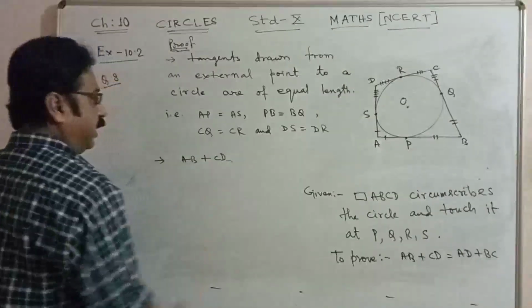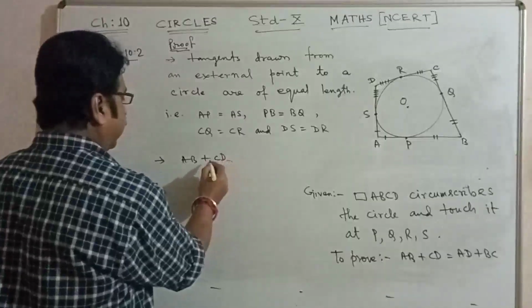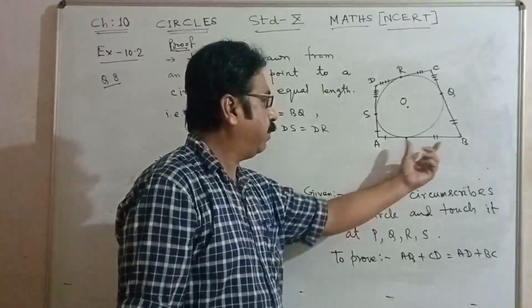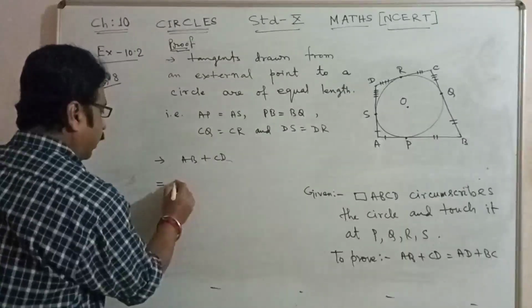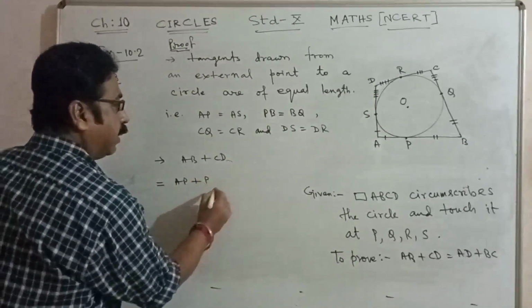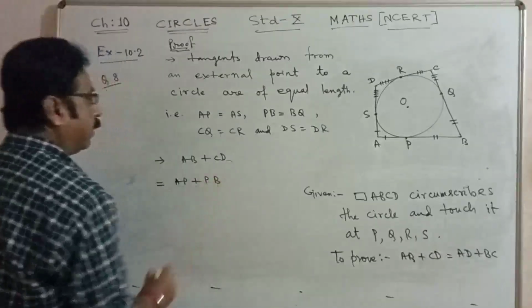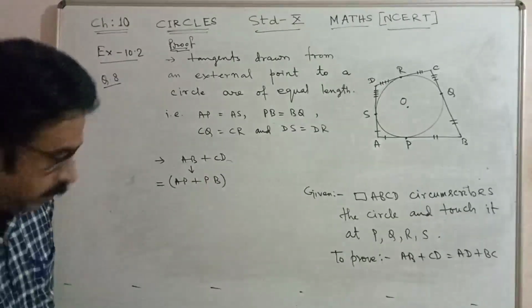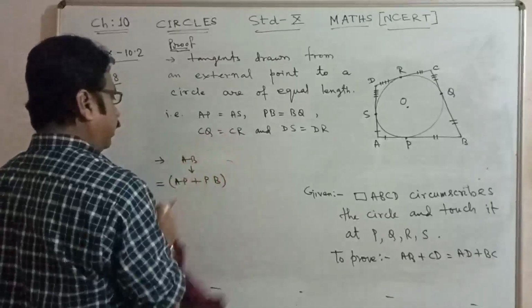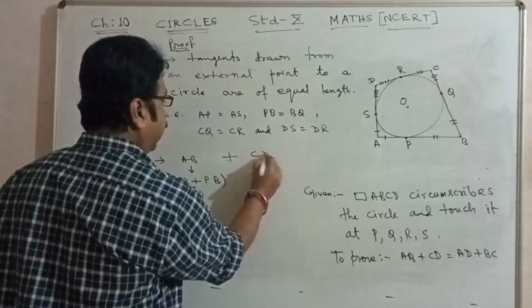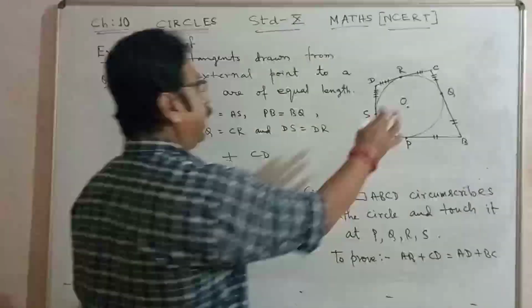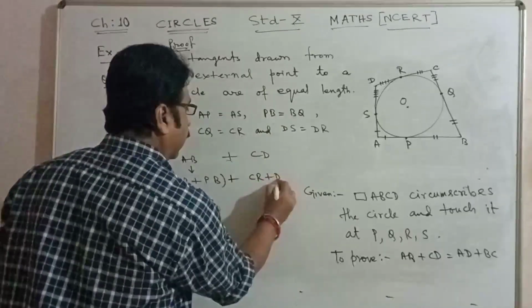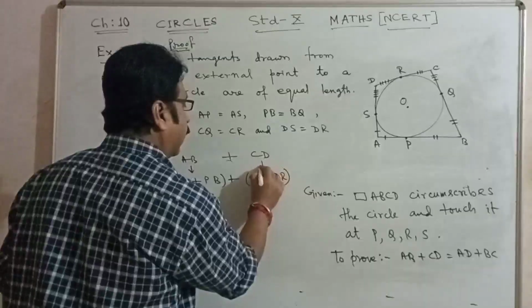In place of AB plus CD, we can write AB means AP plus PB, and in place of CD we can write CR plus DR. Understood?